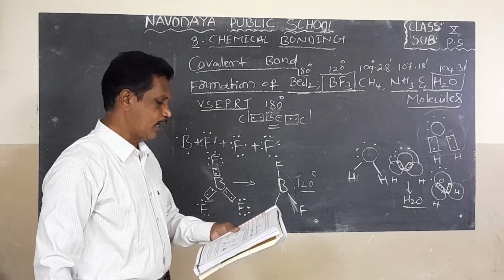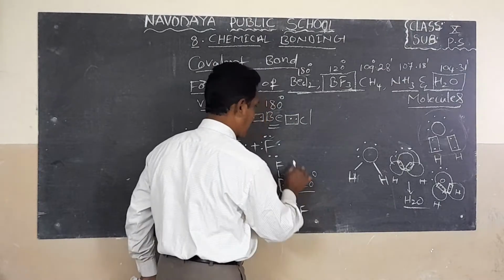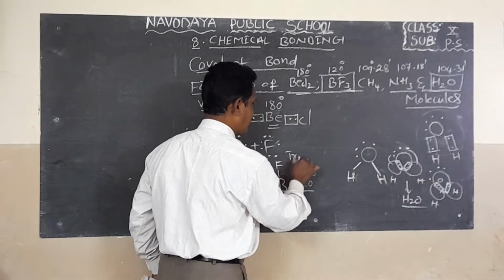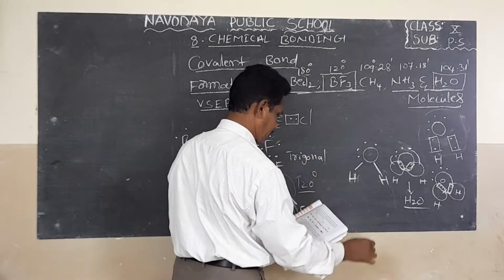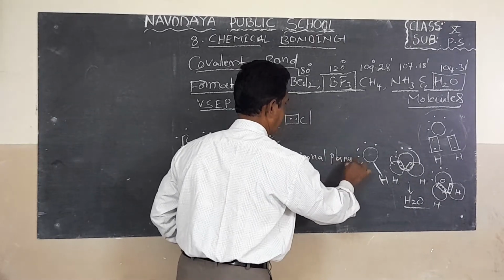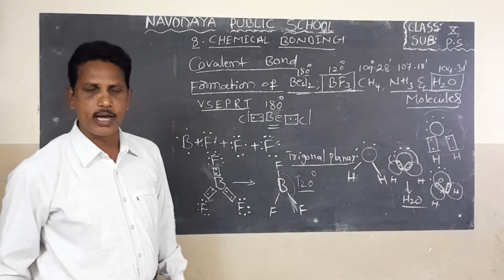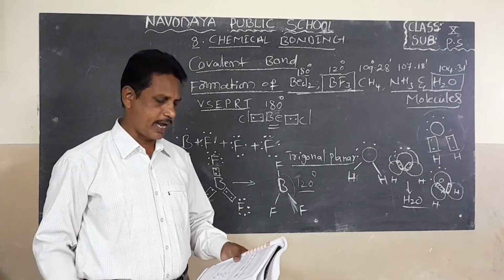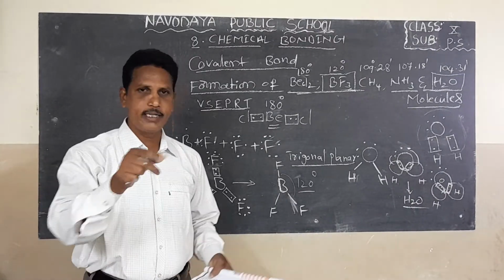So the shape of the BF3 molecule is trigonal planar. The shape of BF3 is trigonal planar shape.